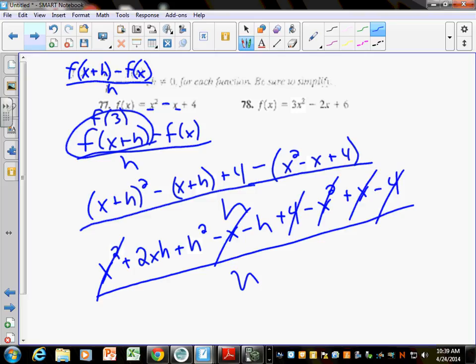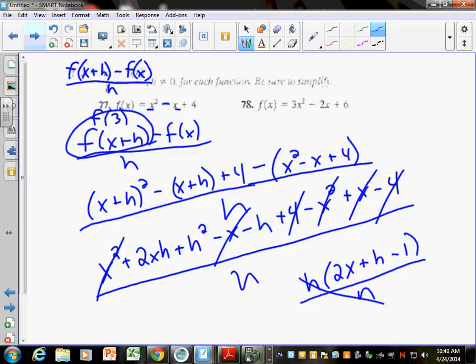Negative x, positive x. If all of your stuff without h's does not cancel out, then you know you did it wrong, because it always happens. What you're left with, you can factor an h out of, and you get 2x plus h minus 1, and then you can cross the h's out, and that's your answer: 2x plus h minus 1.